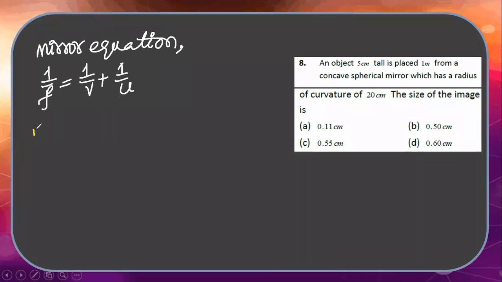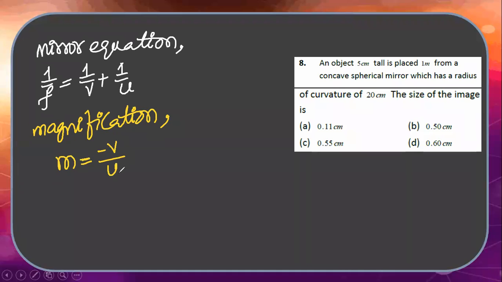Then magnification: magnification m is equal to minus v divided by u. Distance of the image by distance of the object is called magnification. Or magnification m is equal to height of the image divided by height of the object. These are the general formulas. Shortcut formulas.